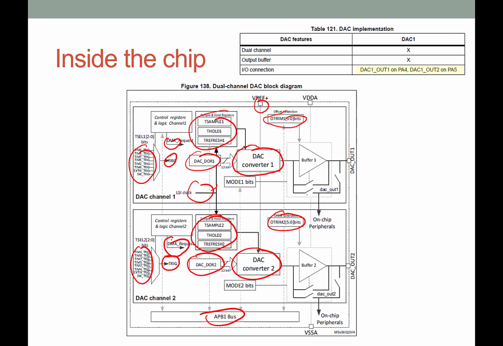So anyways, those are important aspects that you should see, and you can see that for us the input-output connections for the one output channel is on port PA4, and the other output channel, DAC_OUT2, is on GPIO port A5. So they're right back to back.